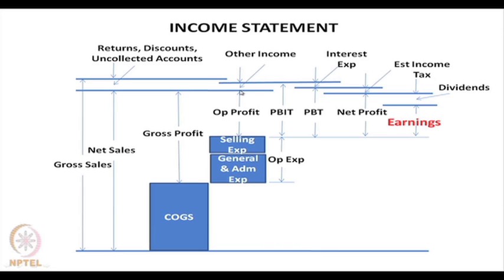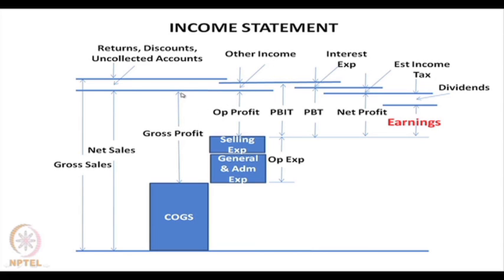The company may have certain other income from various investments that it might have made, in other companies or in certain bonds or short term investments. These are not its own operations, they are some other operation, not central or crucial to the company itself. Therefore, it is shown separately.